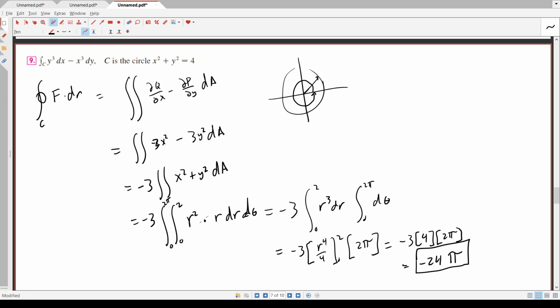Surface integrals. Okay, so did he do surface integrals? Does that sound familiar? Surface integrals. Okay.